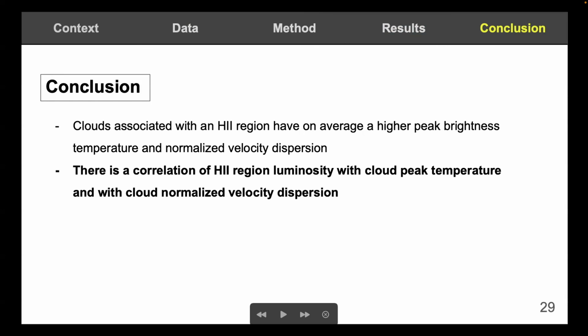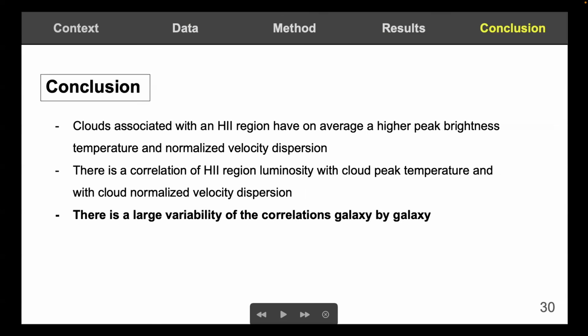There is also a correlation between the H2 region luminosity and the cloud peak temperature and normalized velocity dispersion, which is another, well, empirical evidence of stellar feedback and H2 regions injecting energy into the clouds, which raises their turbulence and their peak temperature. And finally, this correlation we found hides a very large variability galaxy by galaxy.